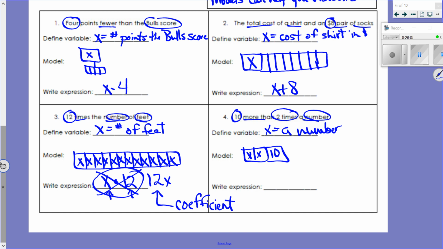Wouldn't that be the other way around? More than is a flipping phrase. Now, technically you're correct. Commutative property of addition, I'd get the same answer. But if we're being true to the writing, more than is a flipping phrase saying that 10's coming after the 2 times a number. Make sense?